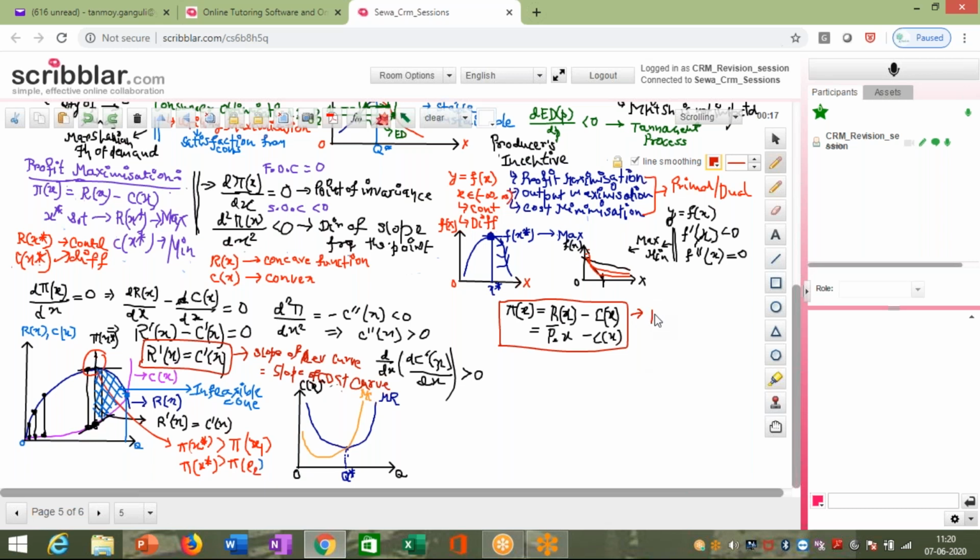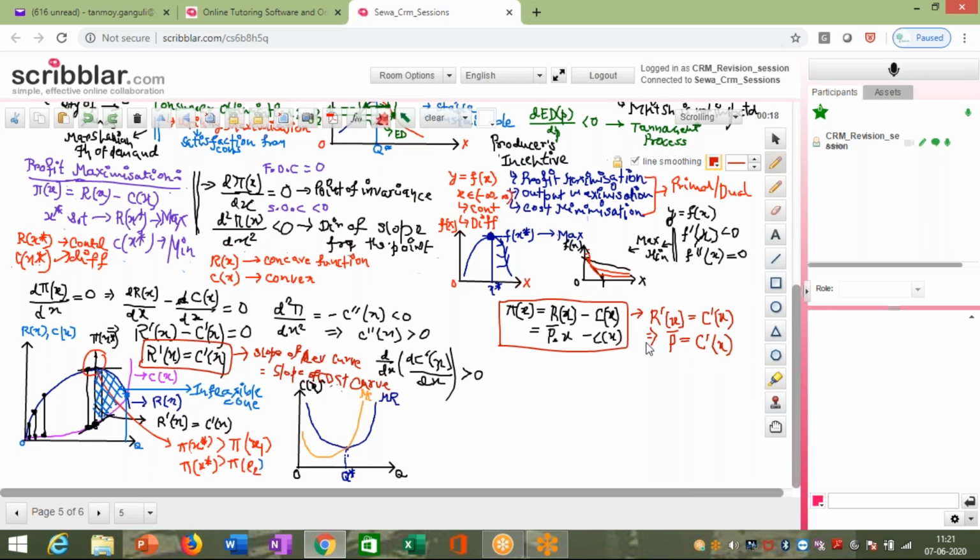the first order condition over here is R prime(x) equal to C prime(x). So P bar is equal to C prime(x).